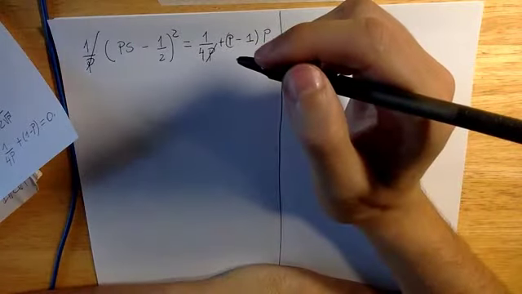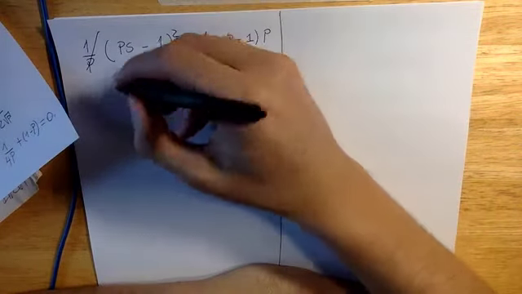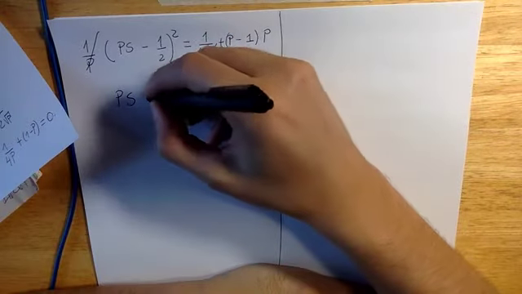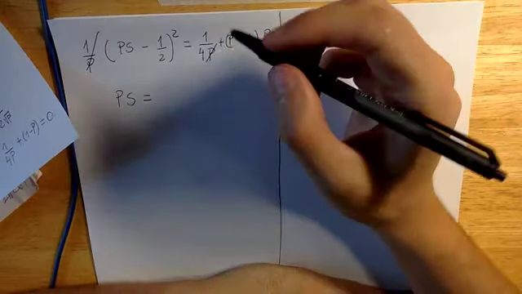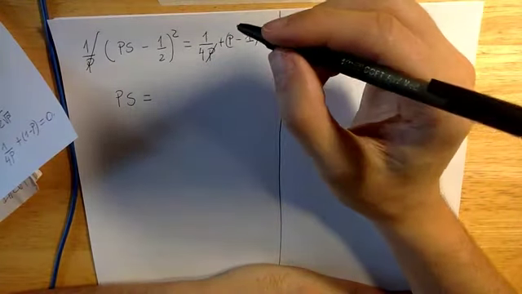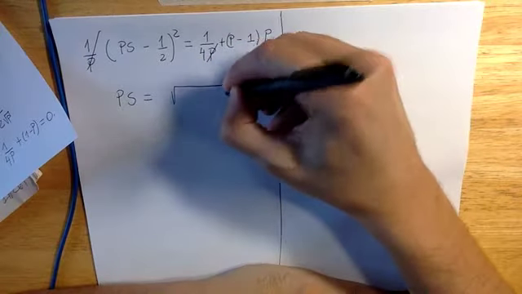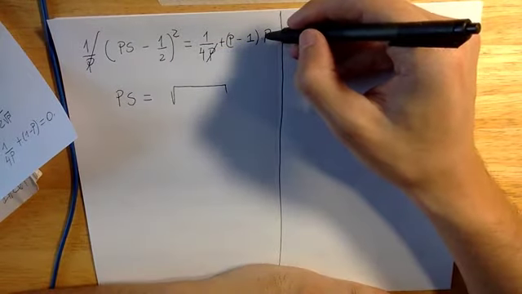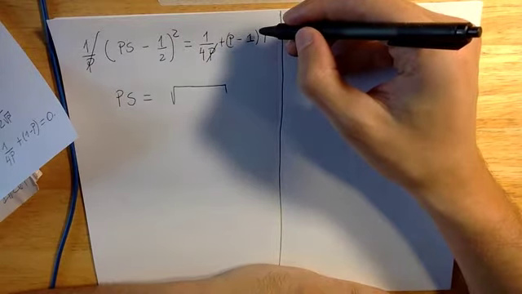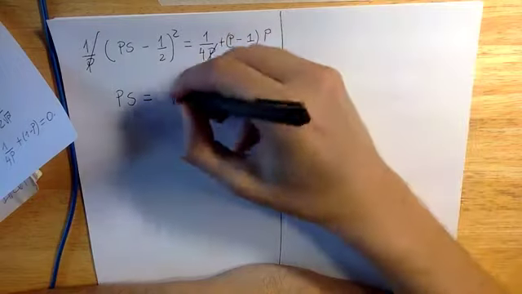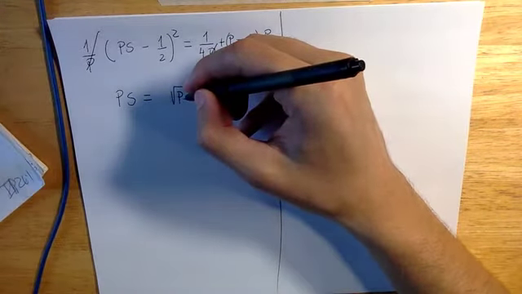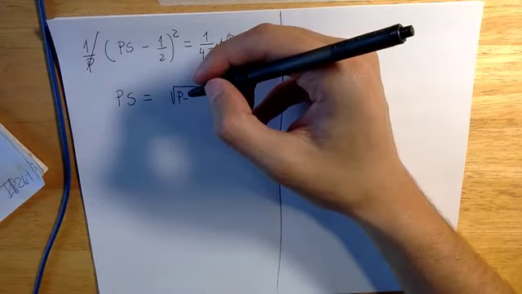And so then what we get is that ps is equal to the square root of p squared minus 1 plus 1/4. Hope I'm getting this right.